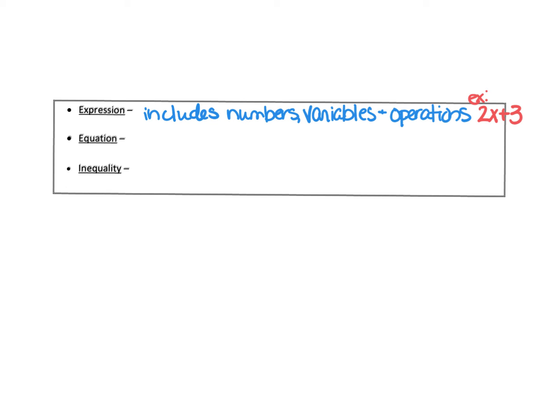All right, where an equation, you've got an expression there, and you're going to have an equal sign. All right, so what is an equation? Well, an equation is a mathematical sentence that has an equal sign between two expressions. So let's just put down an equal sign.